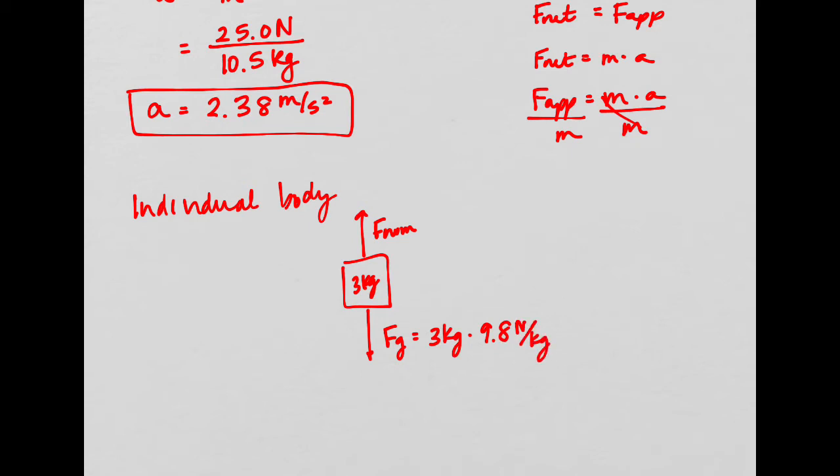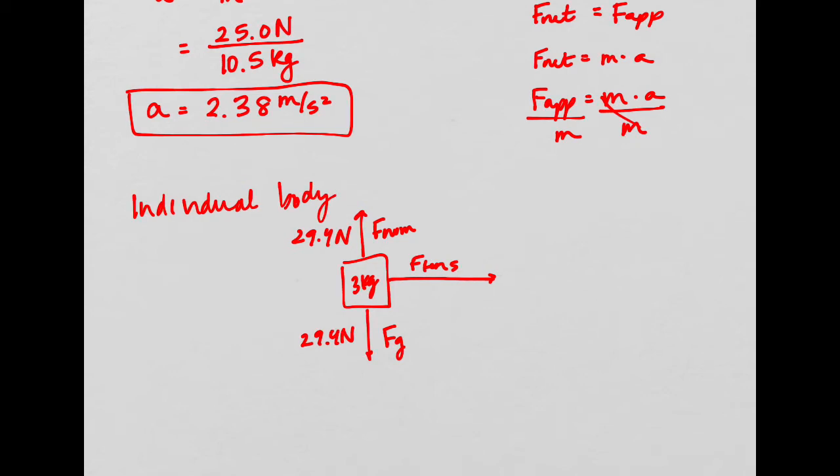That gives us a gravitational force of 29.4 newtons, same as the normal force because there's no vertical motion. All right, I also have tension force in rope 1, right? There's tension force, and it's actually being pulled to the right. So this would be tension force from rope 1.